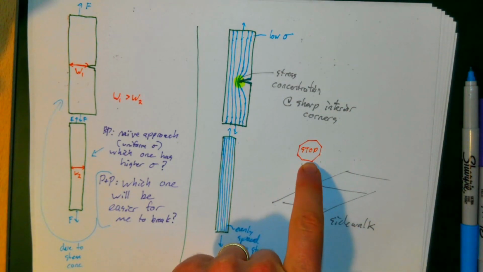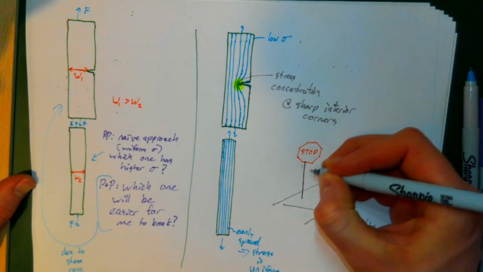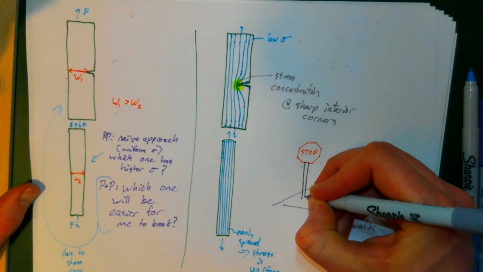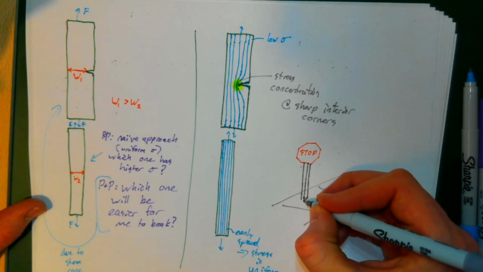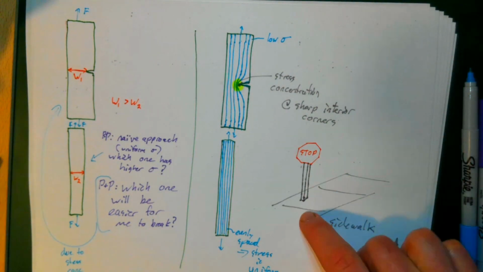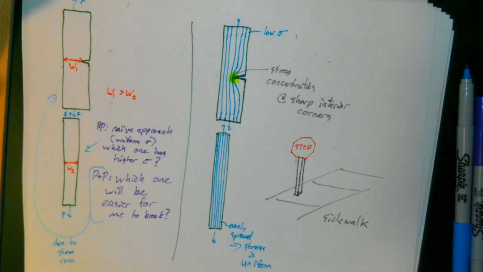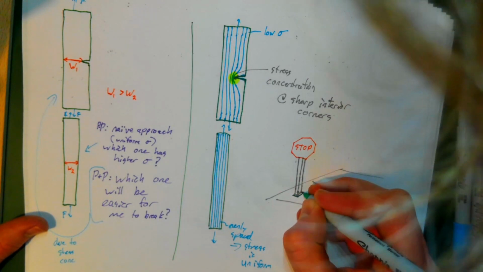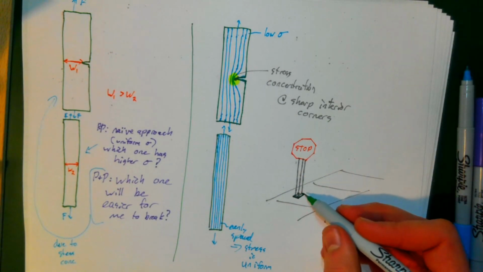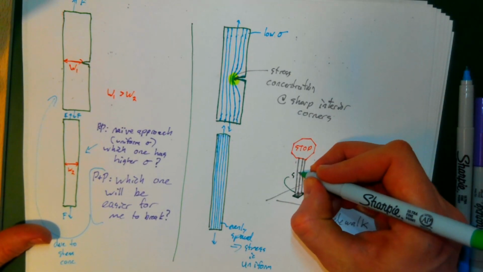Oftentimes those stop signs have square cross-section posts. And those posts might be set into the concrete here. And basically, if you look in the concrete, a lot of times they've poured the concrete around the post or something like that. There's basically a square hole.